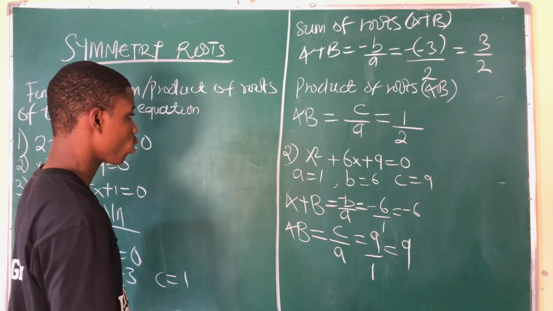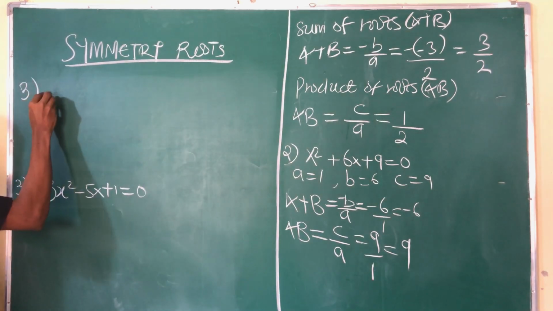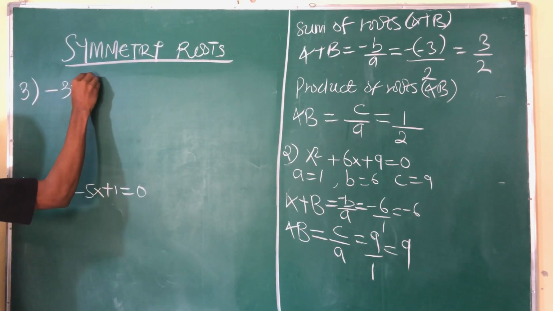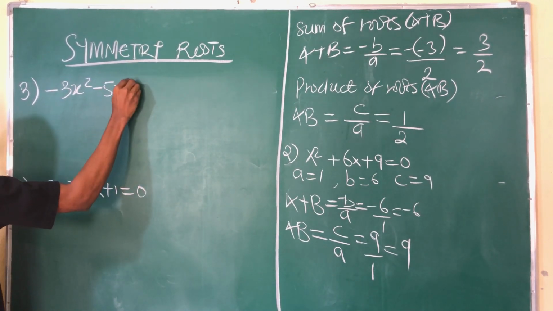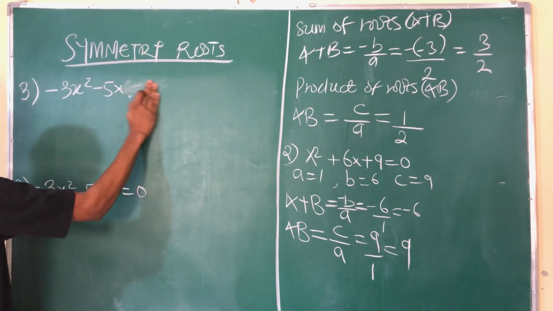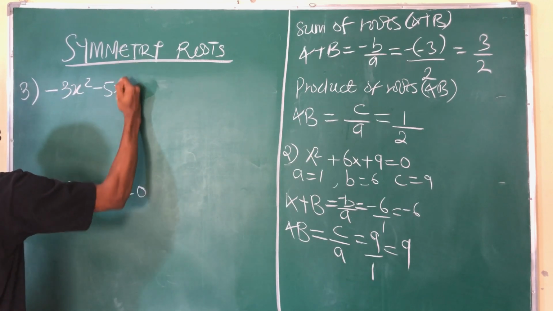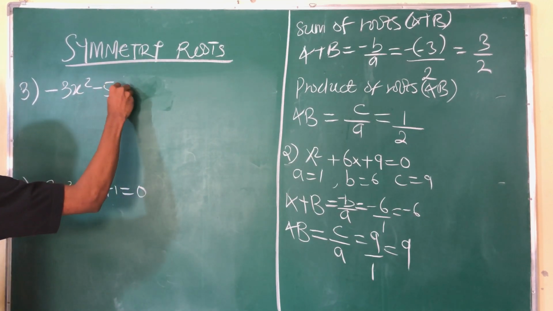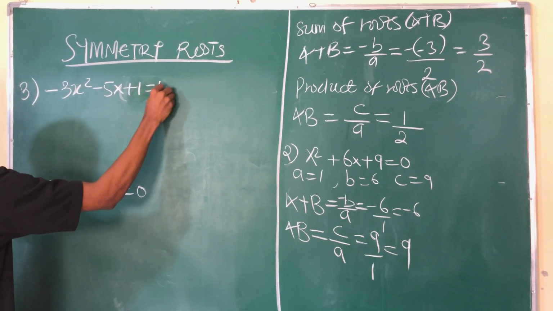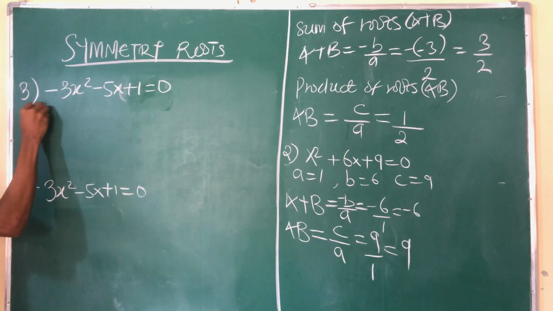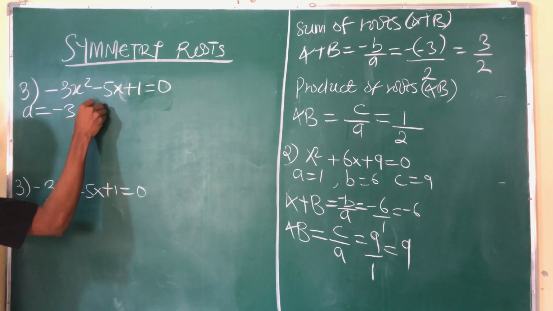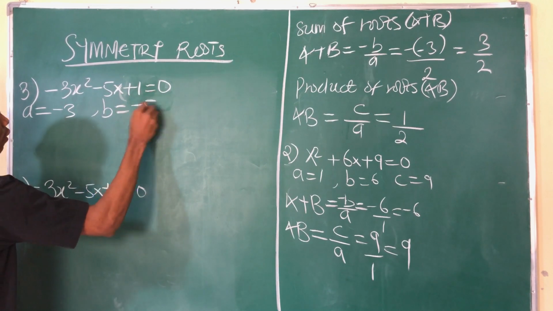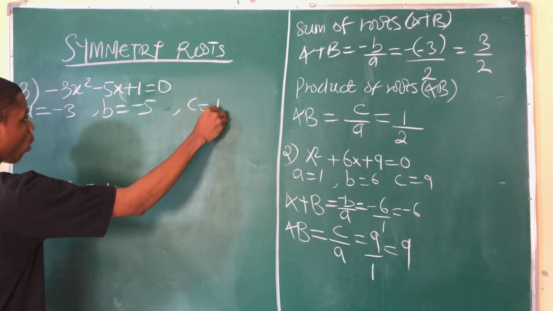Let's look at the third one. We have negative 3x squared negative 5x plus 1 is equal to 0. a is negative 3, b is negative 5, and c is 1.